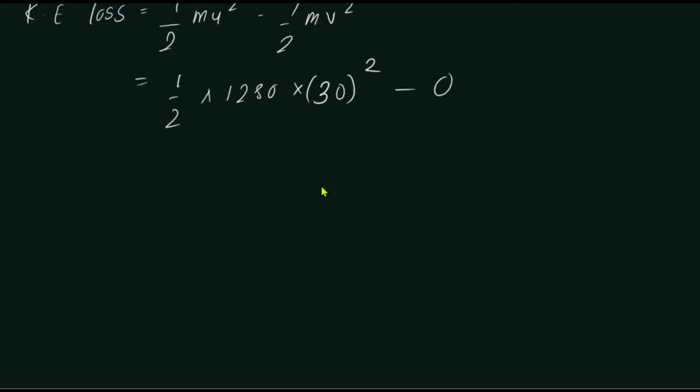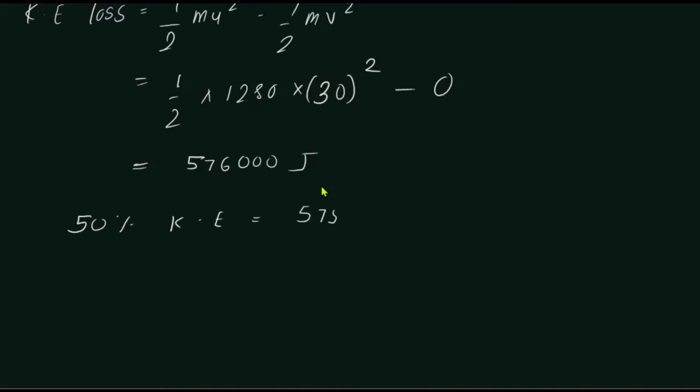Finally, it comes to zero speed, which means its final kinetic energy is zero. So the kinetic energy loss is 1280 divided by 2 into 900, which is something around 576,000 joules.